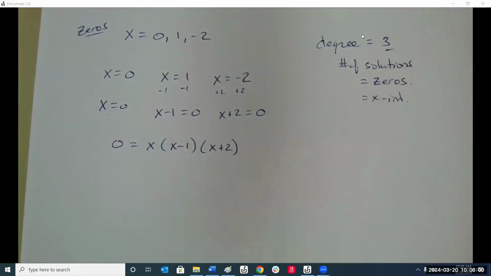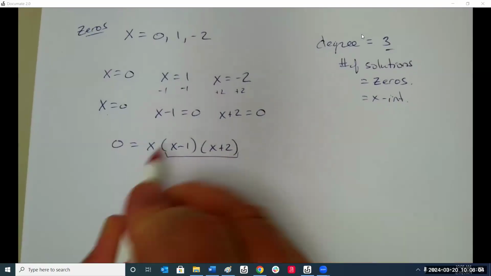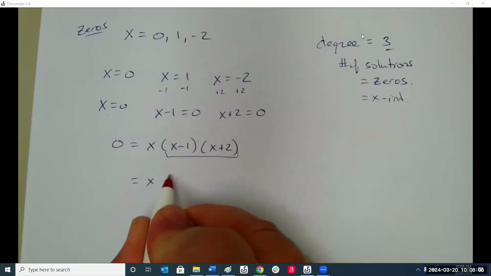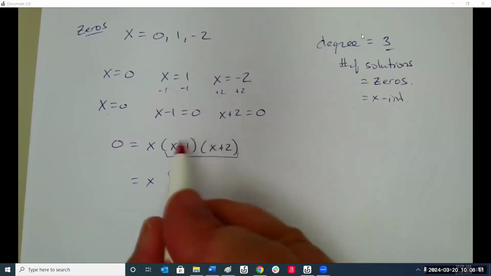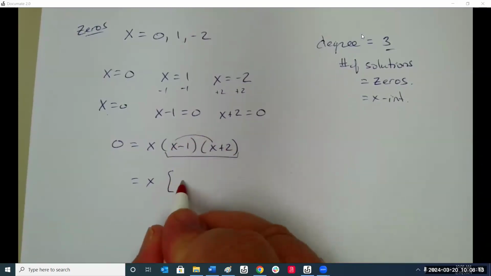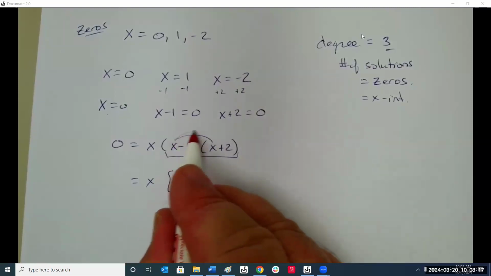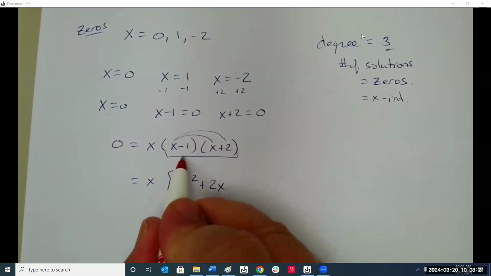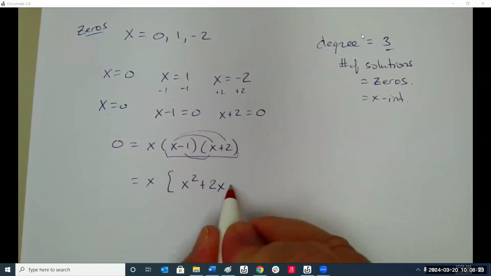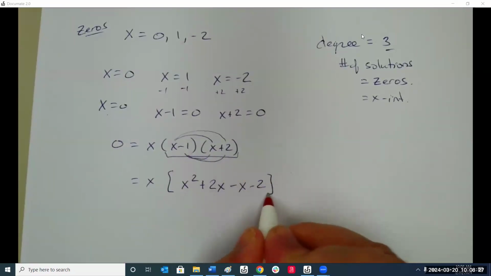Since we know it's a degree 3, it's going to be a cubic function. So let's multiply these together first and then multiply by x. X times x is x squared. Positive, positive, so we have 2x minus x minus 2.